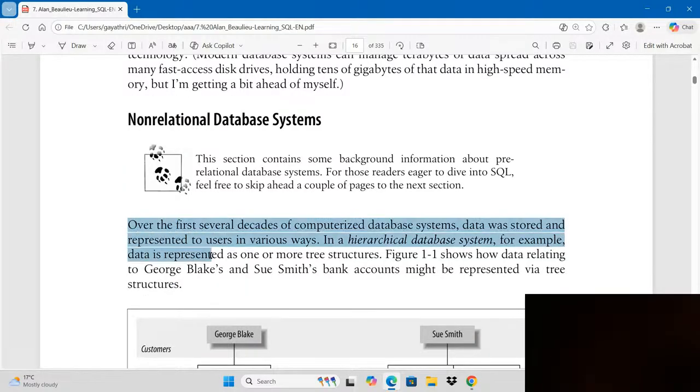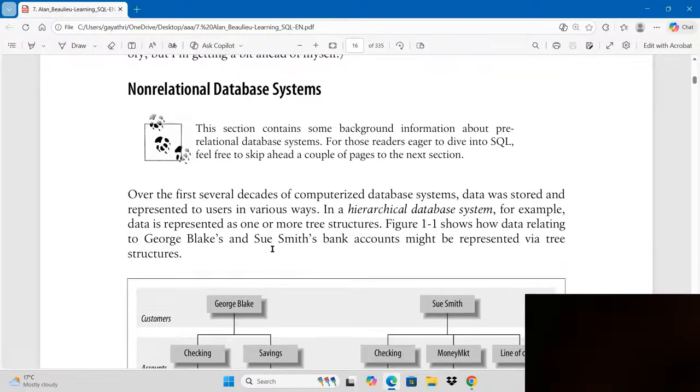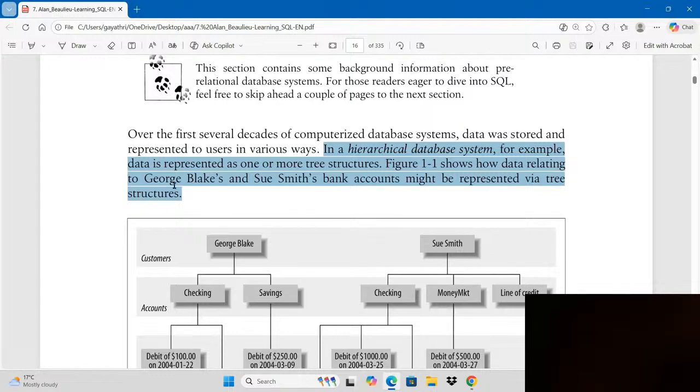Over the first several decades of computerized database systems, data was stored and represented to users in various ways. In a hierarchical database system, for example, data is represented as one or more tree structures. This figure shows how data relating to George Blake's and Sue Smith's bank accounts might be represented via tree structures.